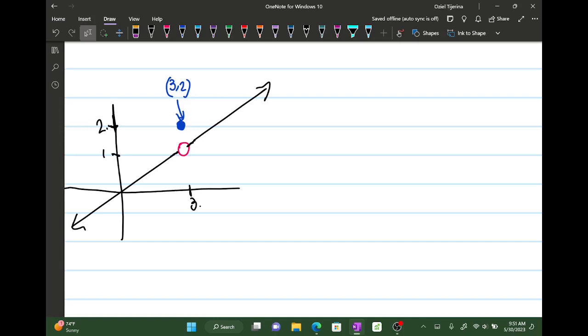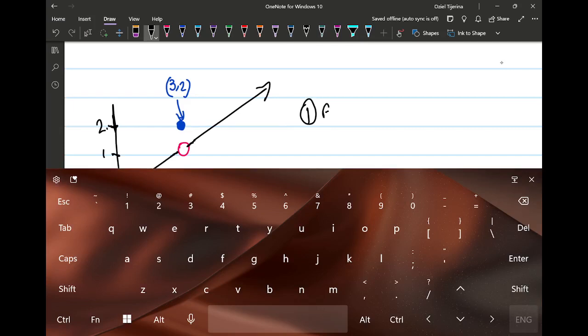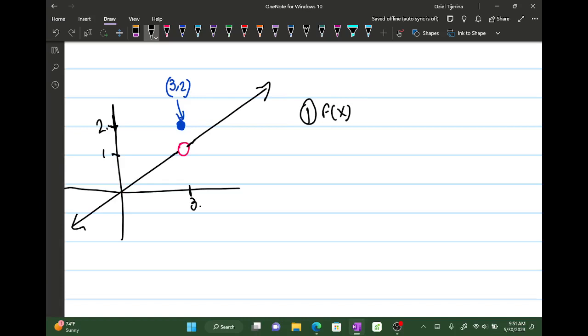So you have to be careful, again, with the rules of continuity, specifically removable discontinuity, or continuity in general. One thing is that we know that f of x is defined at x equals 3, because it's the point 3 comma 2.